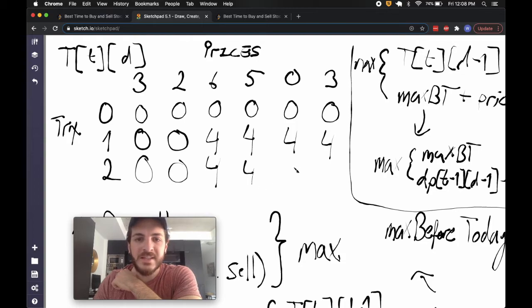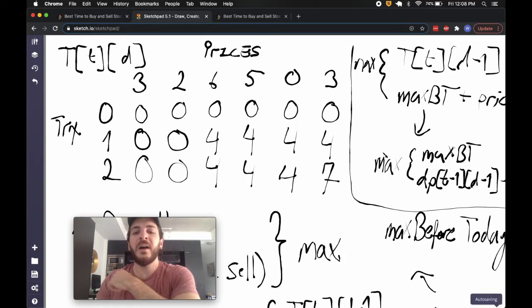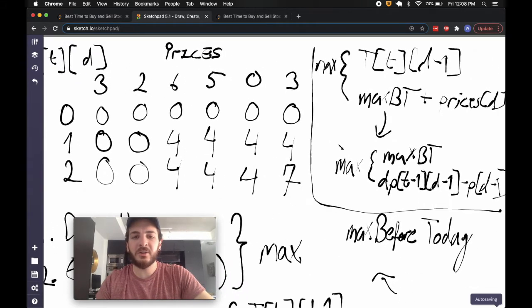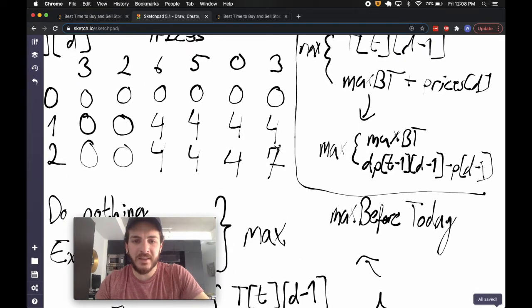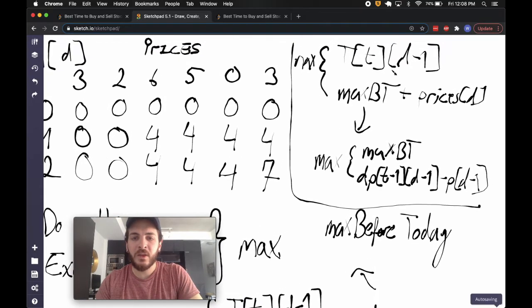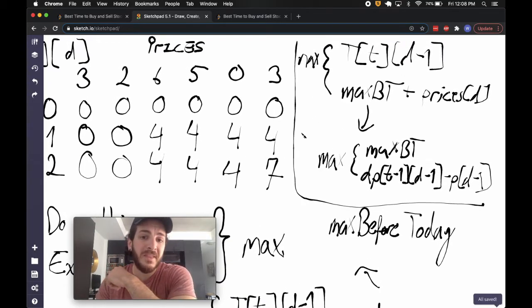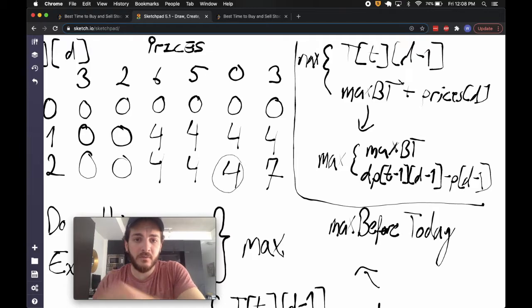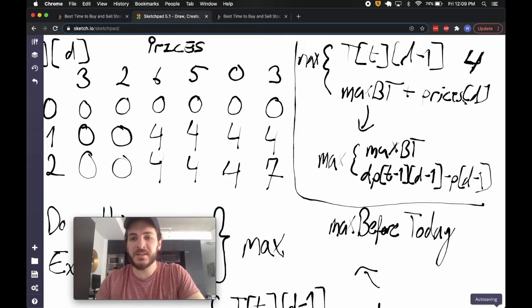By continuing with the same algorithm, we're going to keep getting these 4s here, and then eventually our final element is going to be a 7. The reason it'll be a 7 is because when we get to this point, when we're trying to calculate it, the maximum at this point will be the max between 4, that's this number here, and the max before today plus prices of D. Max before today would have been a 4, DP of this one right over here would have been a 4.